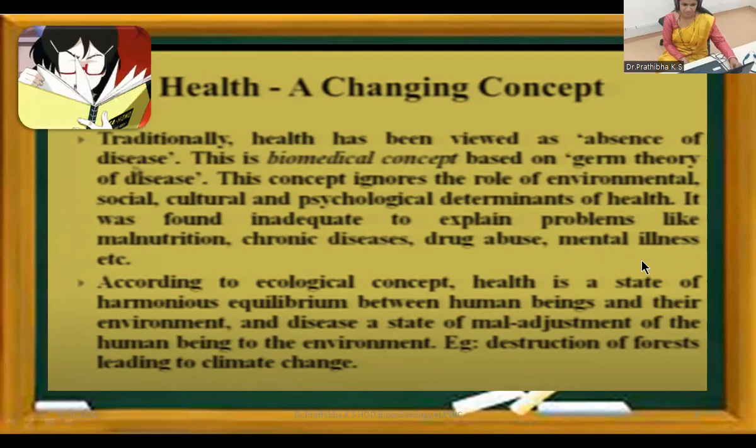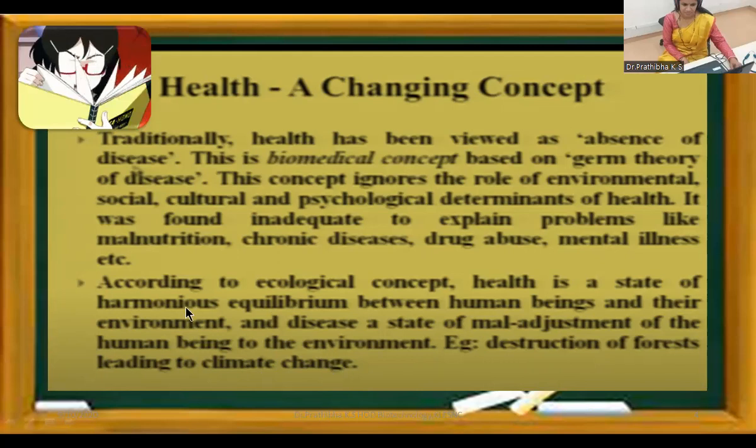So now let us understand the proper definition of health. According to ecological concept, health is a state of harmonious equilibrium between human beings and their environment, and disease is a state of maladjustment of a human being to the environment. For example, destruction of a forest leading to a climate change.